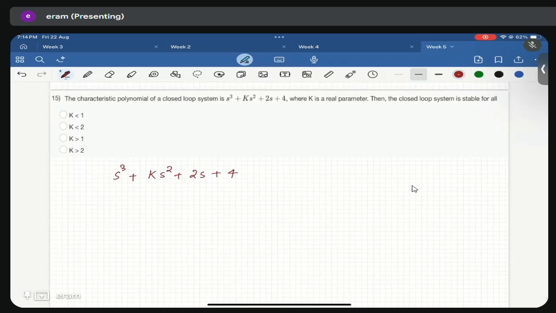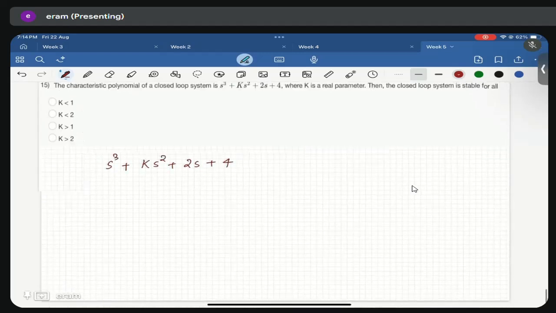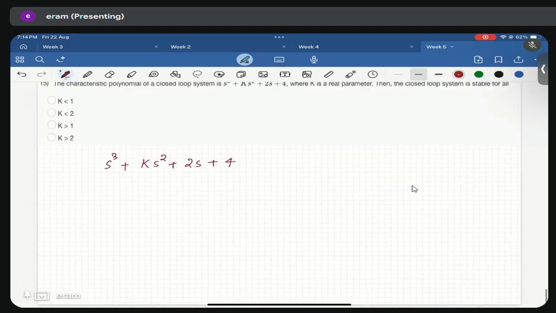Now for this system, find the range of k for the closed loop system to be stable. Okay, let's use the Routh-Hurwitz because this is a third order polynomial.